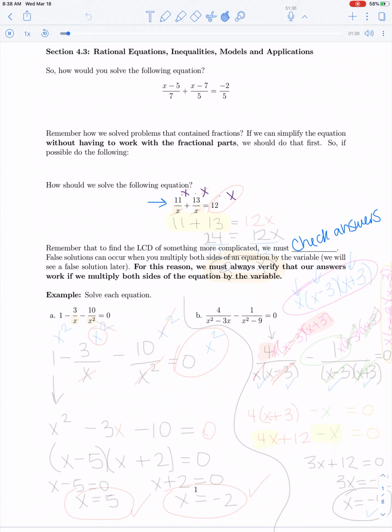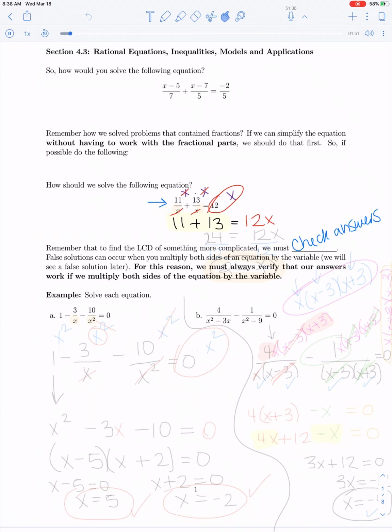Now on the left-hand side, all that does is cancel out the x on the bottom with the one we just multiplied by, which will leave us with just a regular number 11 and a 13. Now multiplying the other side by x actually gives us a 12x on that side.